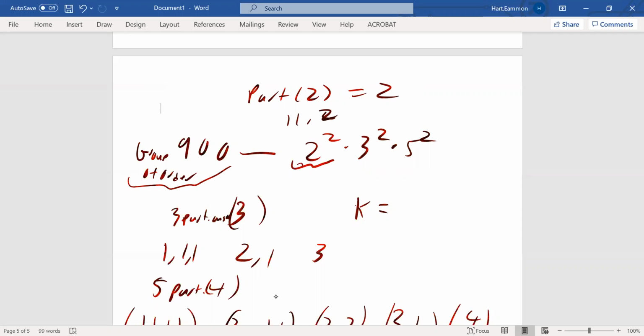Well, it's going to be the number of partitions associated with 2, the number associated with 3, and the number associated with 5. Yeah, exactly. So that's going to be 2 to the third, which is equal to 8.